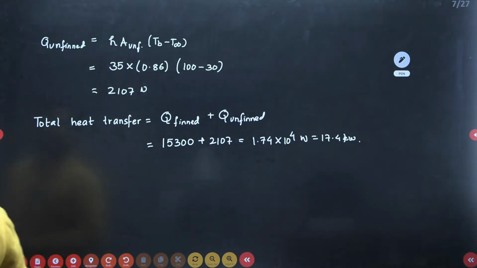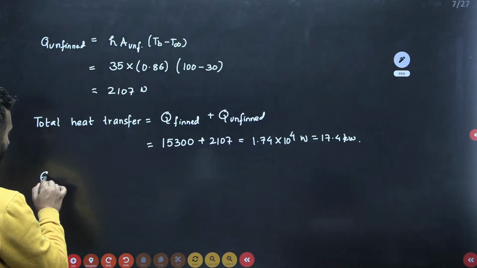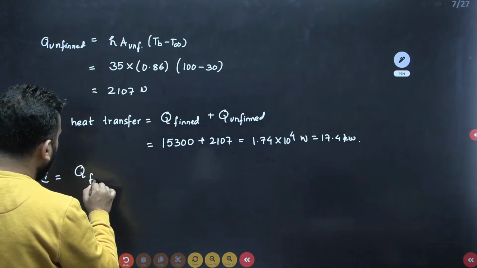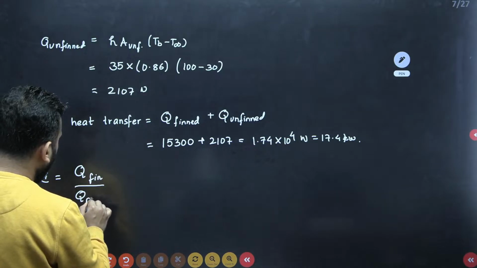And now he is also asking effectiveness. So effectiveness of the fin is Q when fin is there over Q when no fin is present.